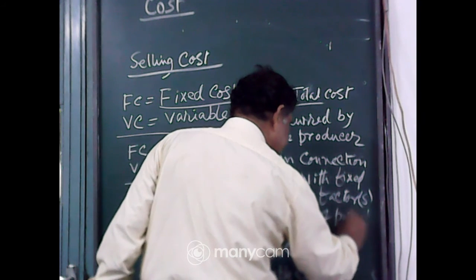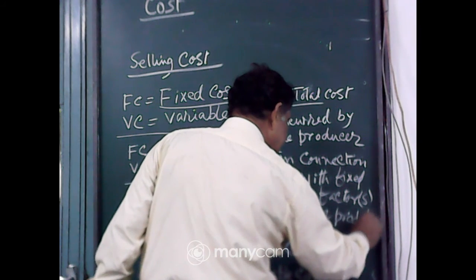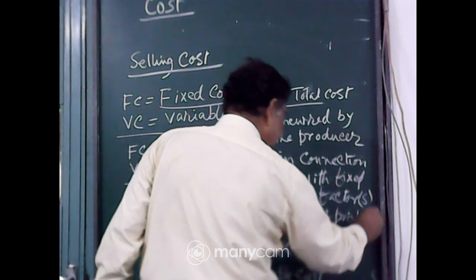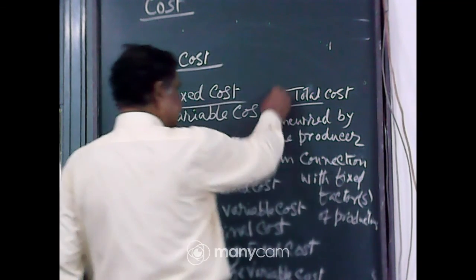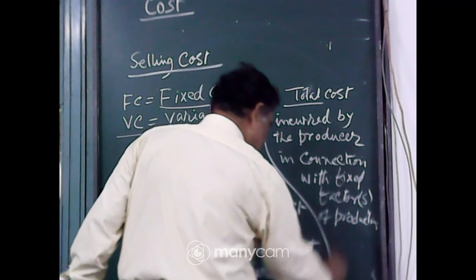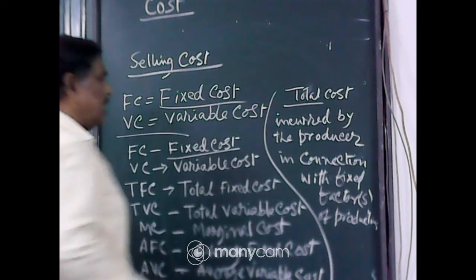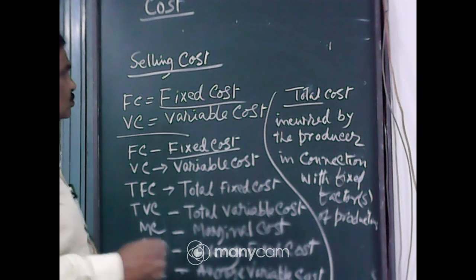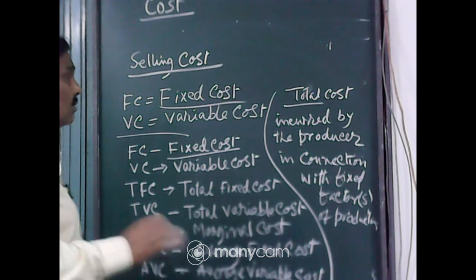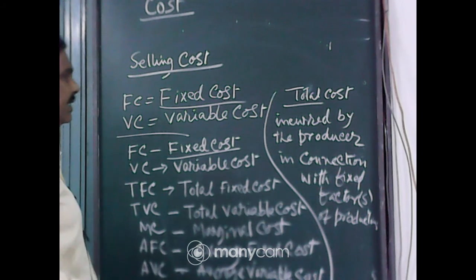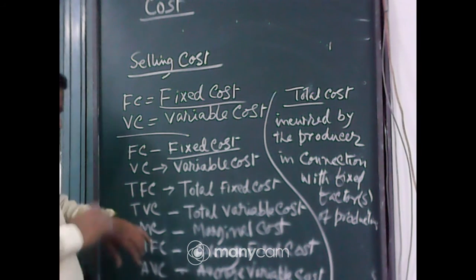What is a fixed factor? A fixed factor is that factor which is not consumed by one act of use. It continues to serve for a period of time.